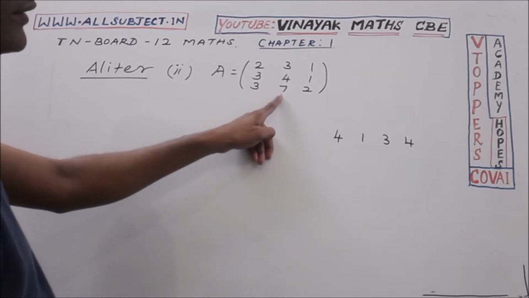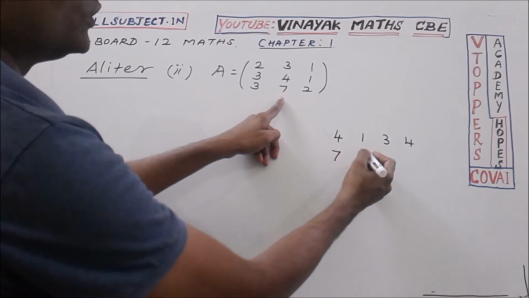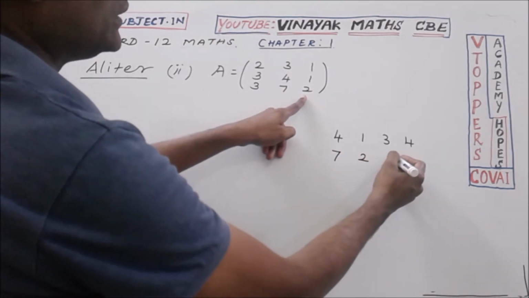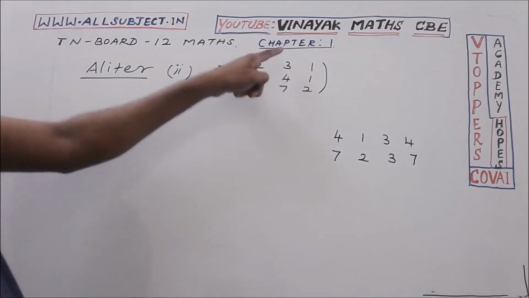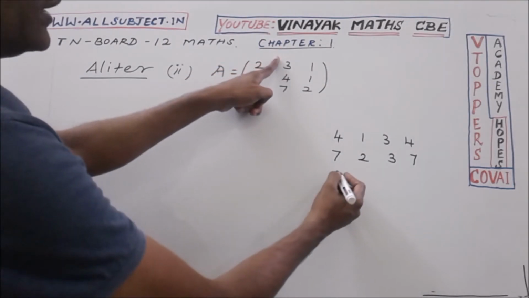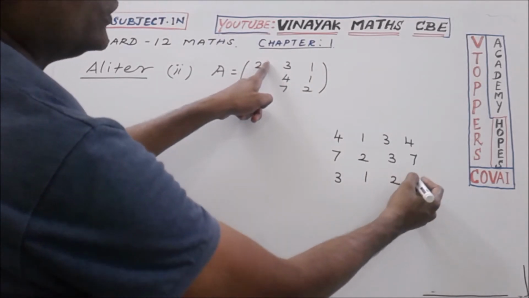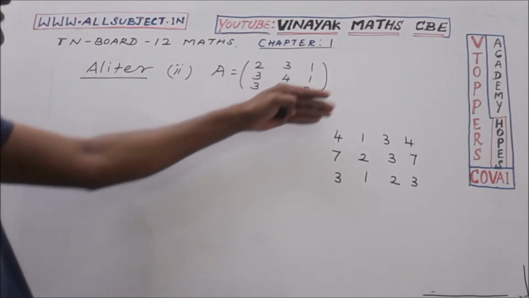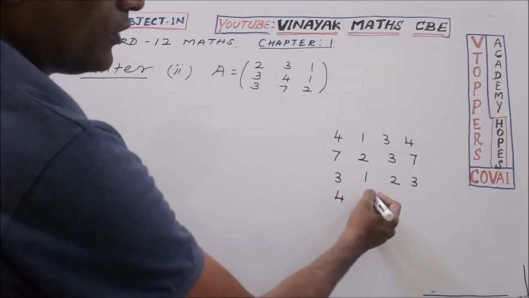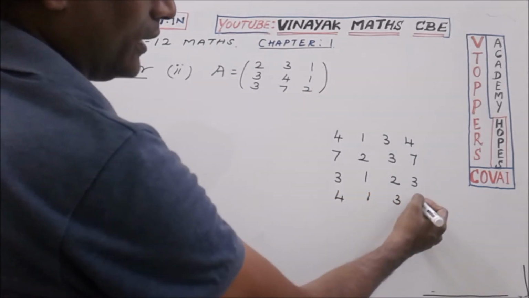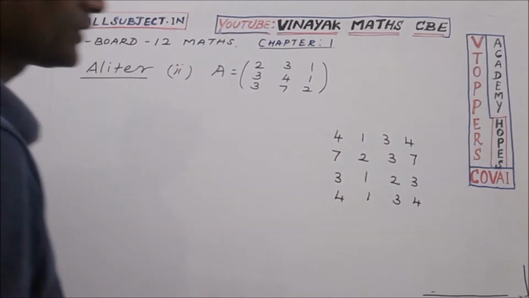Again move to 7, take the next row and cyclically write the elements 7, 2, 3, then 7. And move to the first row, start with the middle element 3, 1, 2, 3. And then write the first row again, 4, 1, 3, 4.